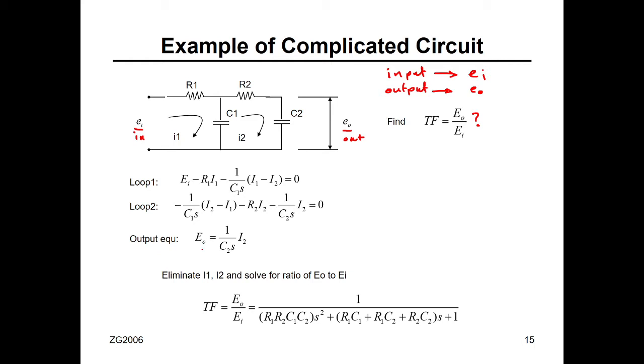E in and E out, these are 2. I1 and I2, these are 4. You have 4 variables, E in, E out, I1 and I2, and you have 3 equations. So you need to eliminate I1 and I2 in order to find the ratio E out over E in, and this is going to be your transfer function. So this is the short answer.